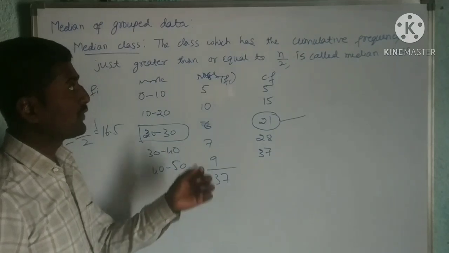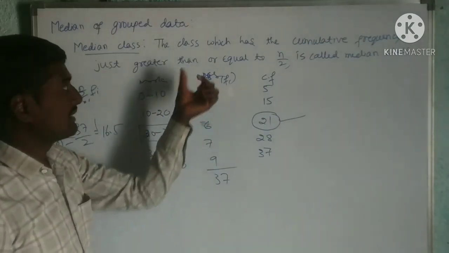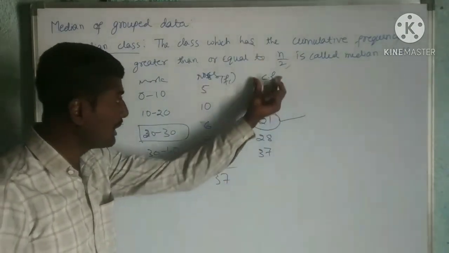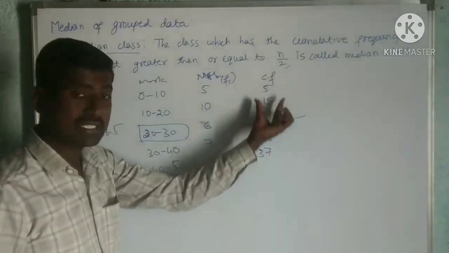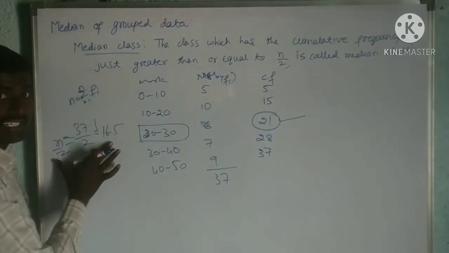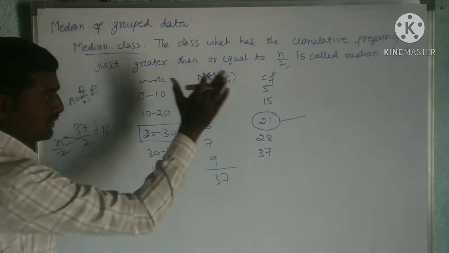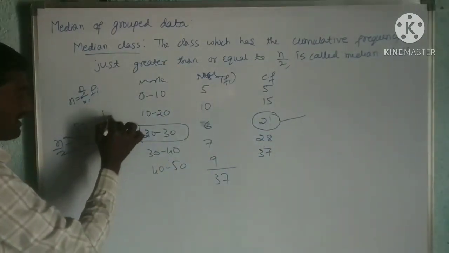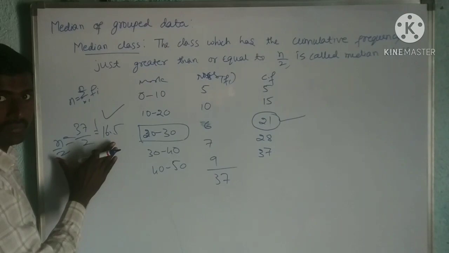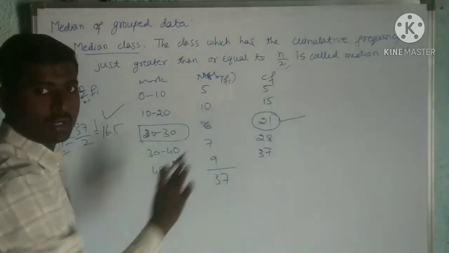I hope you understood the definition of median class. The class which has cumulative frequency just greater than or equal to n by 2. To find the median class, first I have to calculate n by 2, then observe the cumulative frequency column.